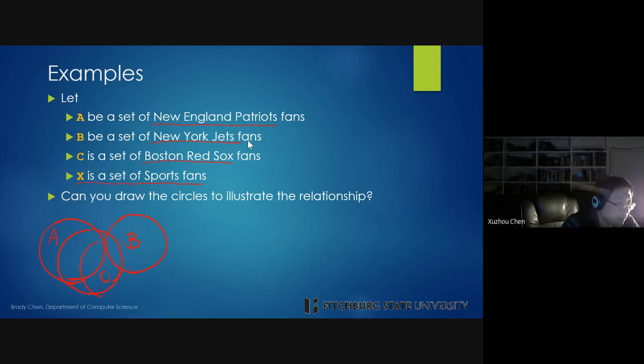They are fans of the New York Jets, but probably they moved from Boston, so they could be a Boston Red Sox fan as well. So I would say more likely C is going to overlap with both A and B.